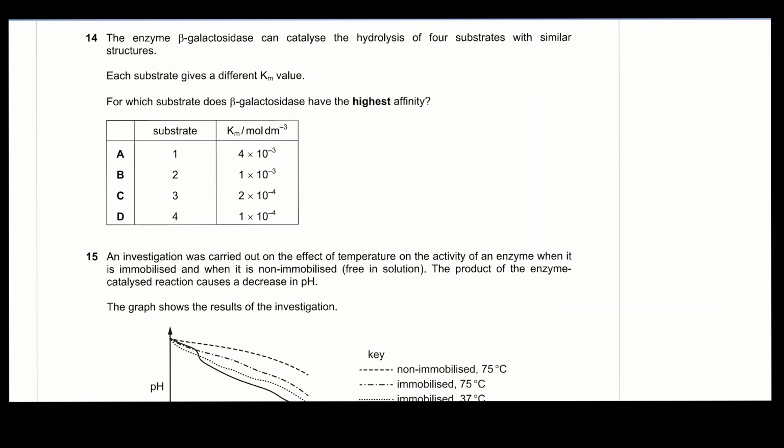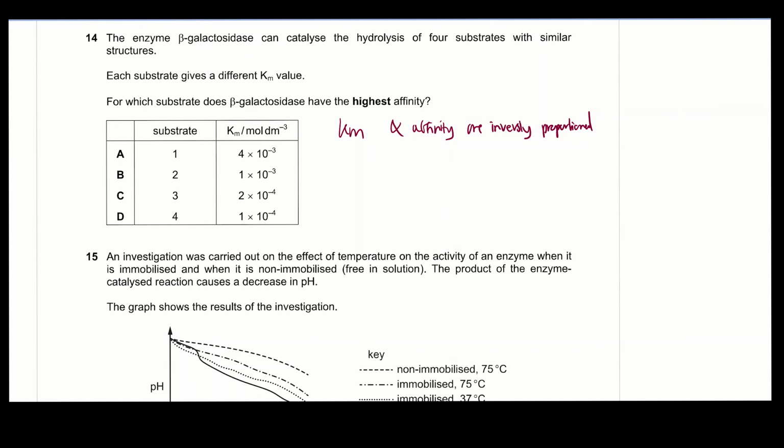14. The enzyme beta-galactosidase can catalyze the hydrolysis of 4 substrates with similar structures. Each substrate gives a different Km value, or Michaelis-Menten constant value. For which substrate does beta-galactosidase have the highest affinity? So as we said, the Michaelis-Menten constant and affinity are inversely proportional.